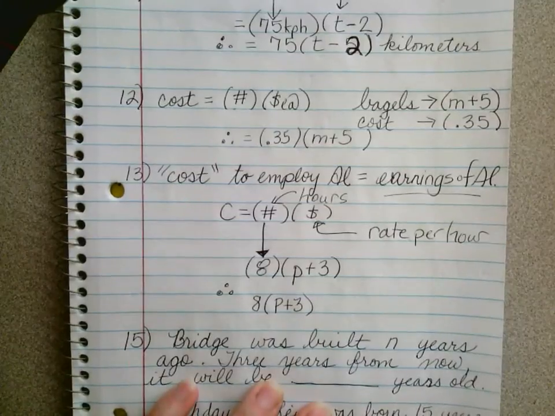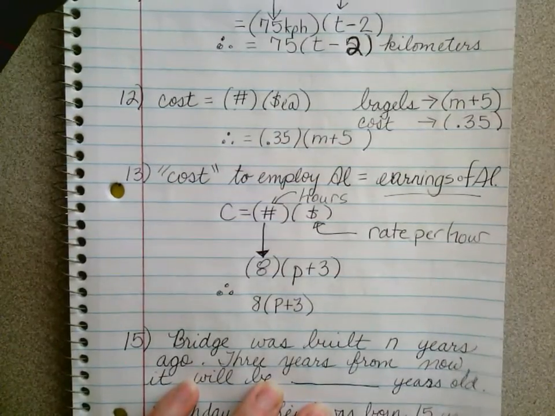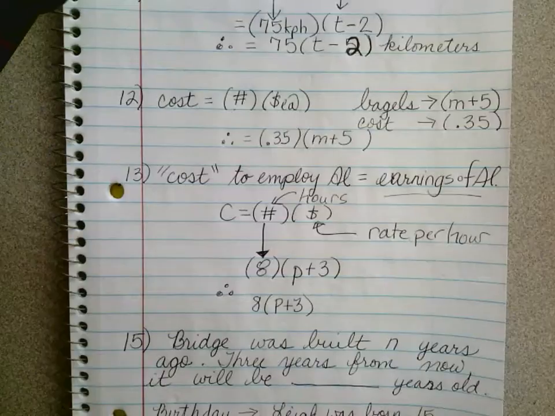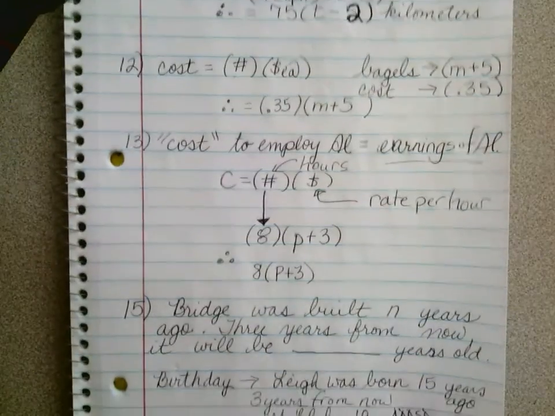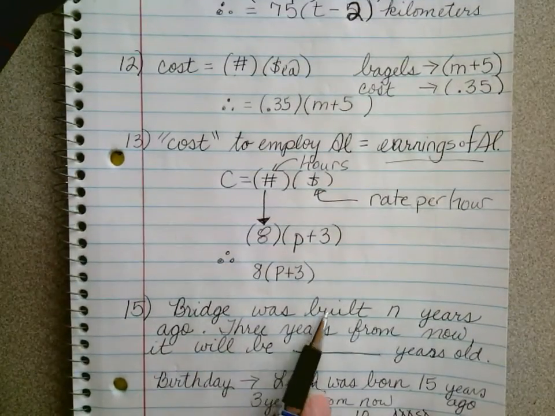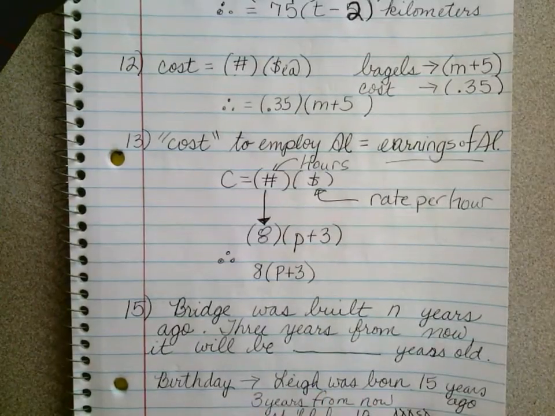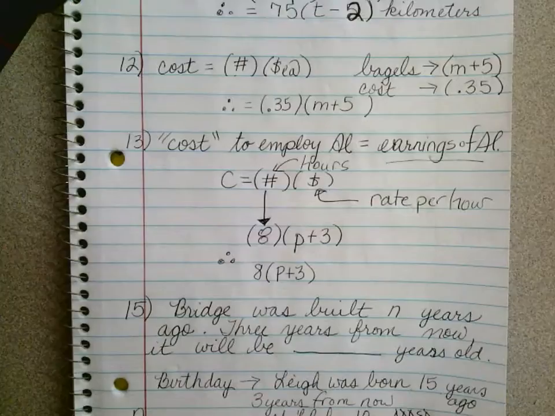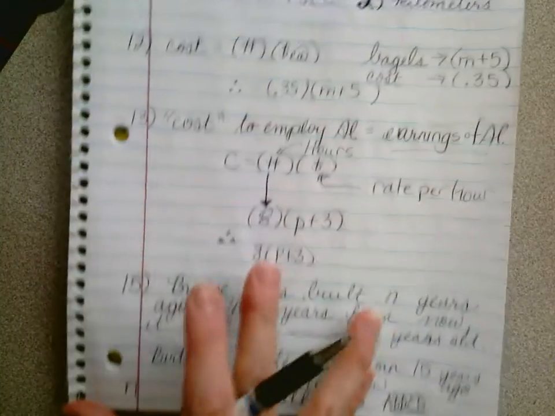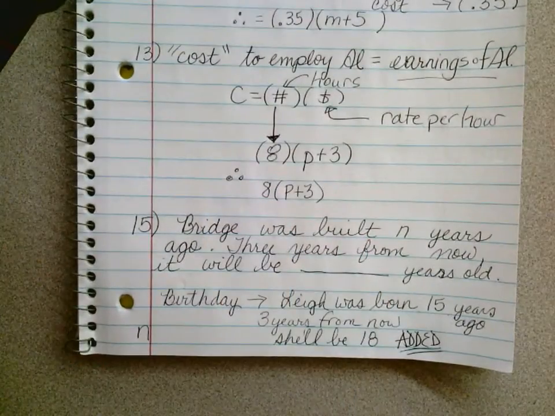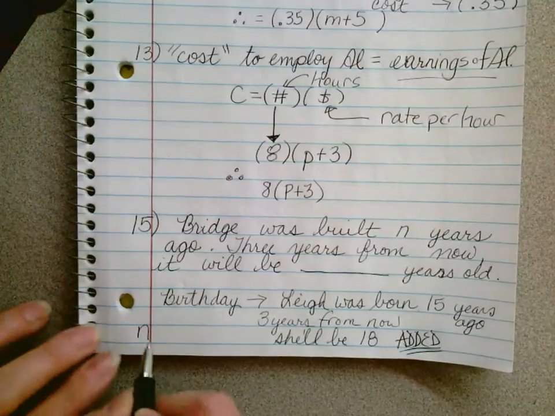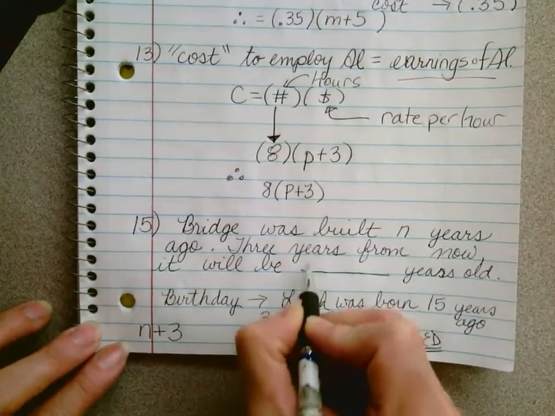So we added the time that is going to pass, right? The bridge was born N years ago. 3 years from now, how old will it be? N plus 3.